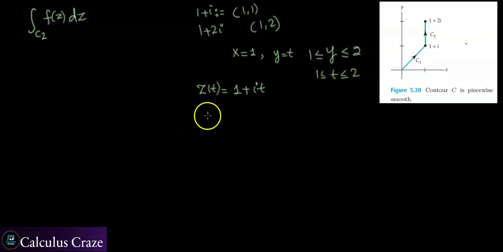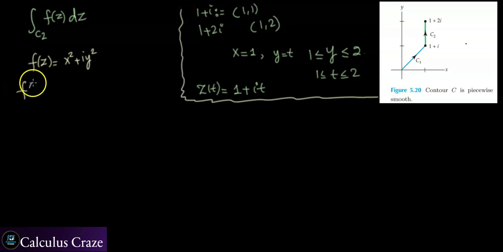Okay, so now I have found the so-called parameterization of my curve, and I also know my function. So I can apply the formula and calculate the integral over C2. Recall f of z was equal to x squared plus iota times y squared, right?